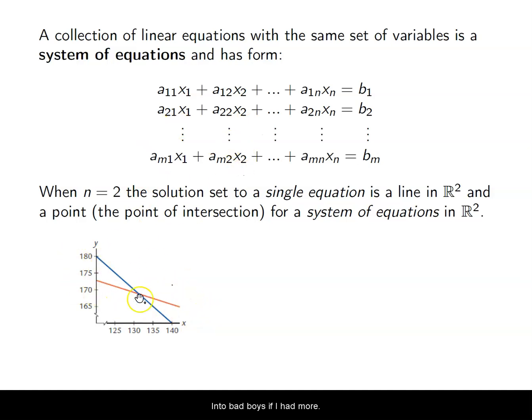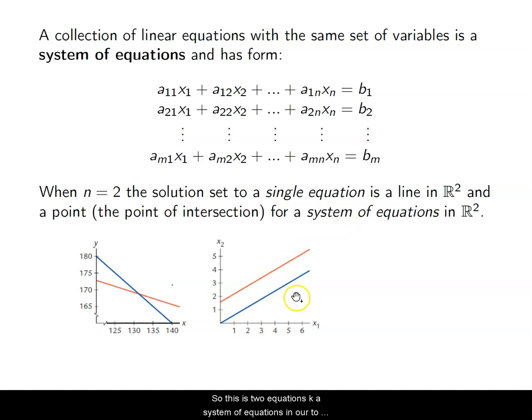If I had more equations, let's say I had 4 equations in two variables, I would have 4 lines here. And hopefully they all would intersect at the same spot. If they did not all intersect at the same spot, I would not have a solution. Okay, so if I have more than one equation, they all have to kind of go through the same point, because the point of intersection is what my solution looks like in R2.